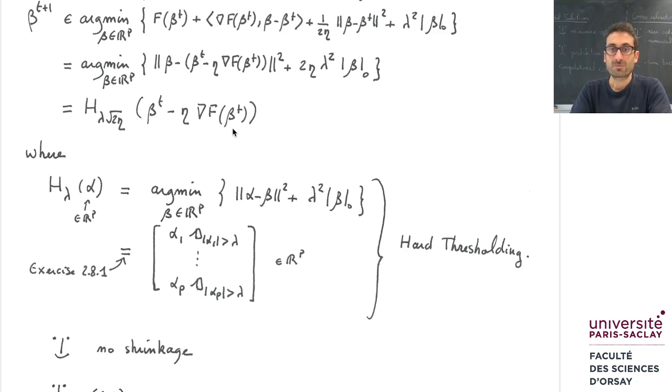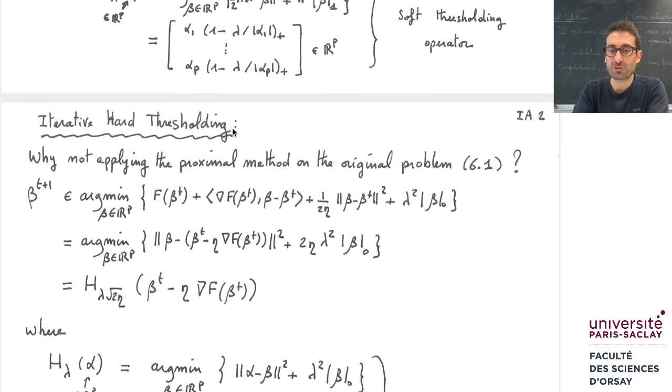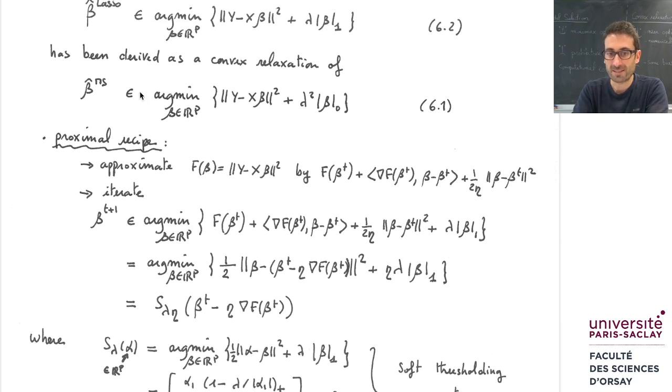And more precisely, if this was converging to the solution to this problem, right, then we would be able to find in polynomial time the solution of some NP-hard problem, something that is unlikely to be true, right?